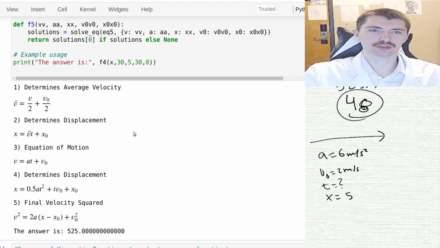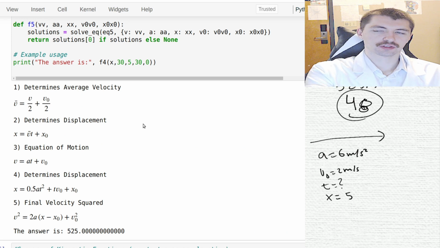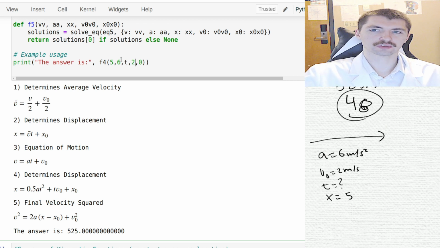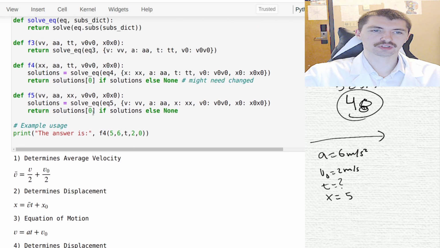Okay, so we're going to use, I think, equation 4 again, because this time we know x is 5, a is 6, t is t, so what we're solving for. V naught is 2, x naught is 0. So again, we can't get negative time, so this is what I said earlier.